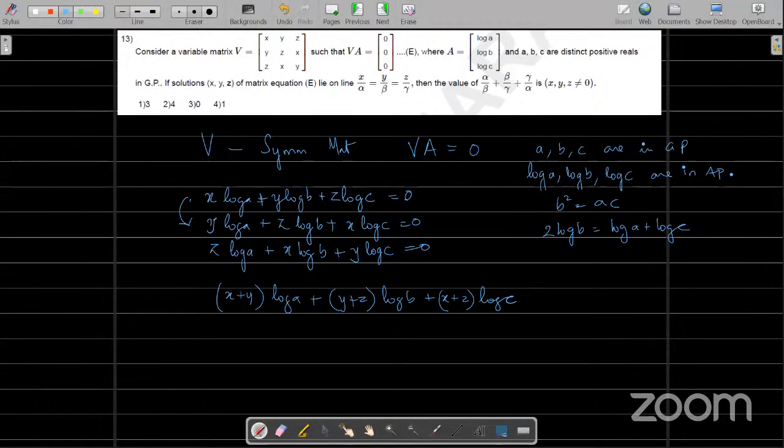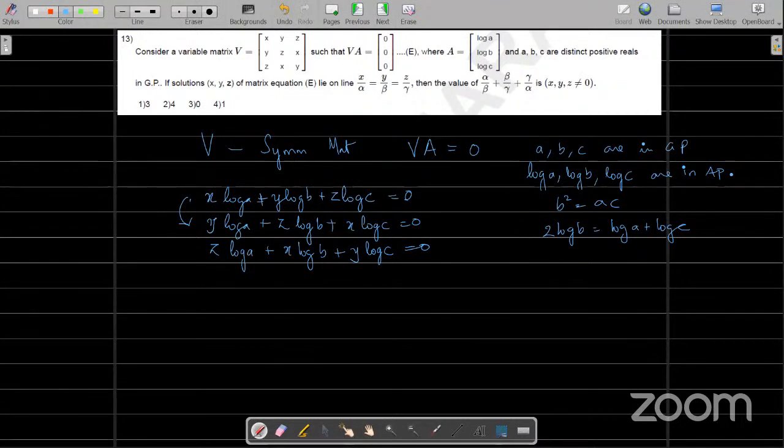Now I know the trick is that log a, log b, log c are variables and x, y, z are your coefficients. If I were to look at it from that point of view, no, I am at a loss for this.